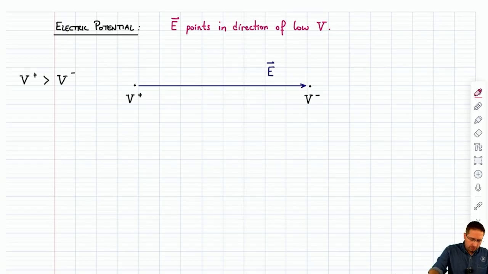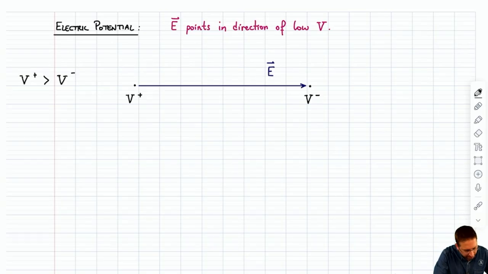E points in that direction. That means there's a relationship between electric potential and electric fields. In fact, because two points have different electric potential, there will exist an electric field between them. There must. If V plus were equal to V minus, there would be no E.